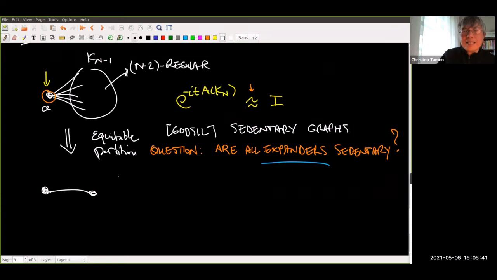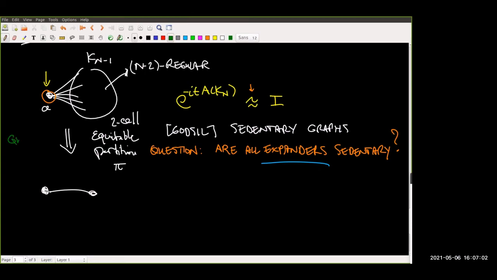There is an equitable partition that is just A alone in one cell and everybody else together in the other cell. Right, two cell. And I'd like to form the quotient.